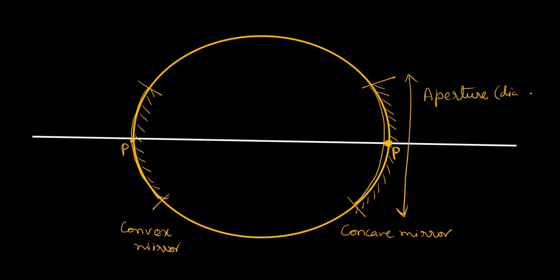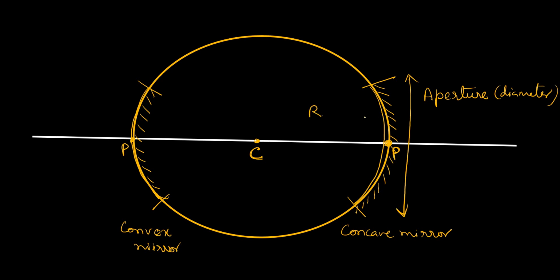Center of curvature is the center of the hollow sphere of which the mirrors are a part, and it is denoted by the alphabet C.